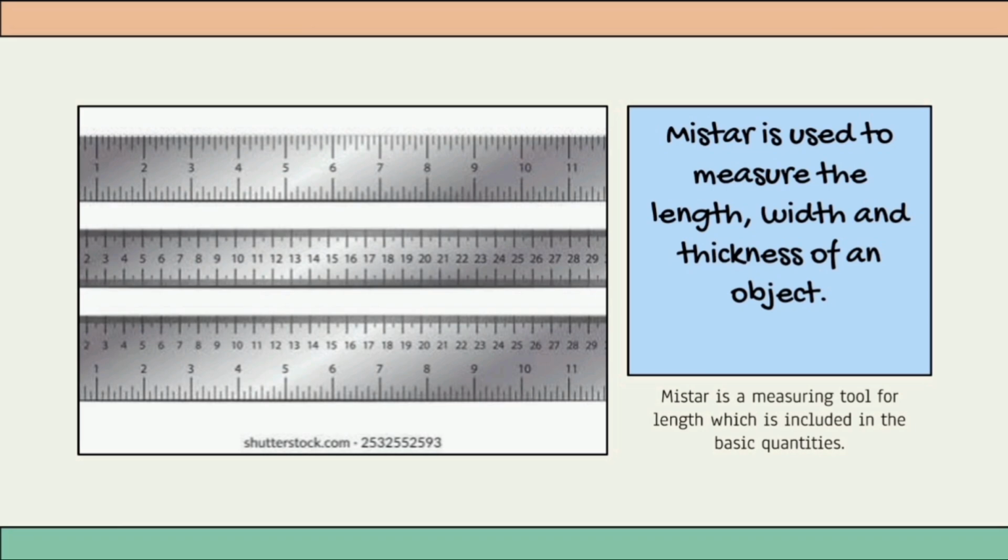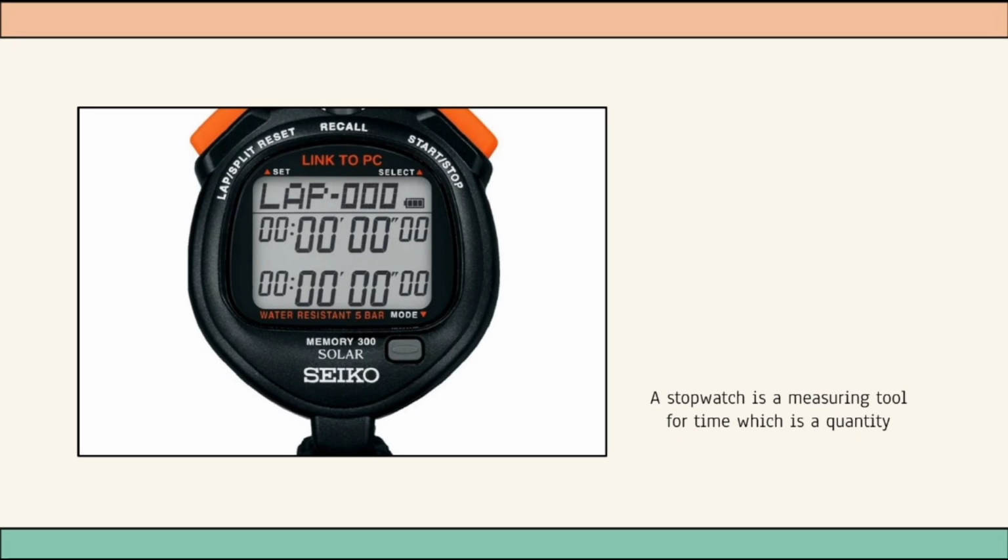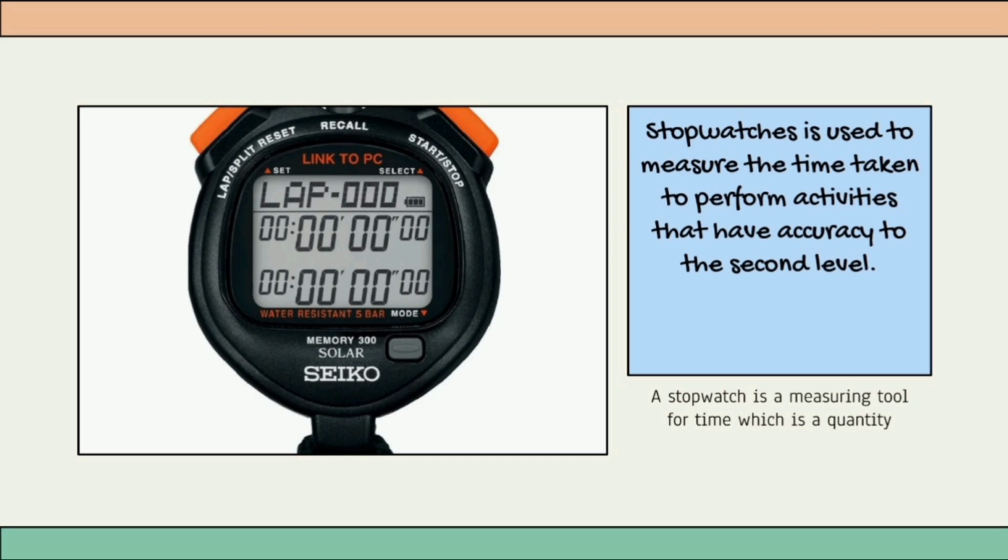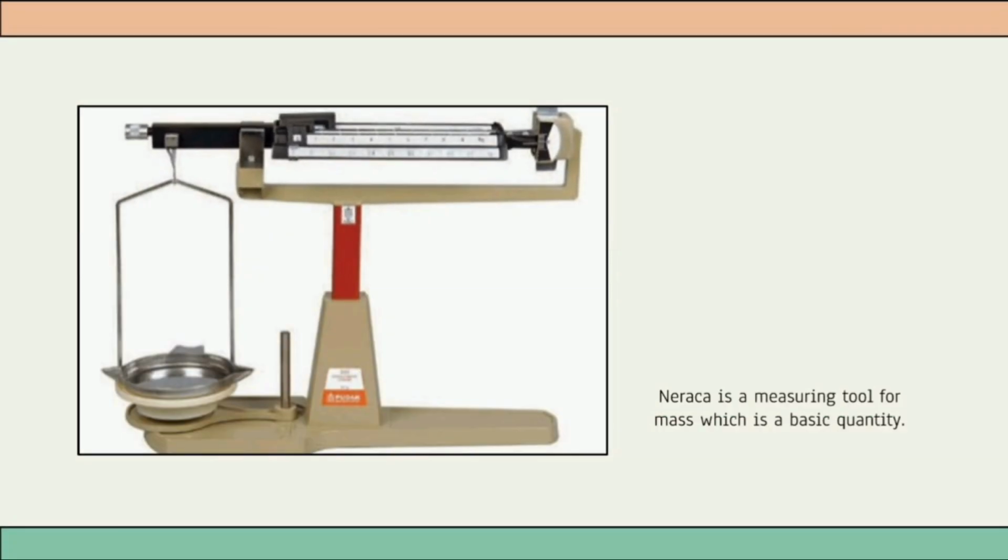Then the second is a stopwatch. A stopwatch is a measuring tool for time, which is a basic quantity. Stopwatch is used to measure the time taken to perform activities that have accuracy to the second level. Next, the third is the balance sheet, or neraca in Bahasa. Neraca is a measuring tool for mass, which is a basic quantity.